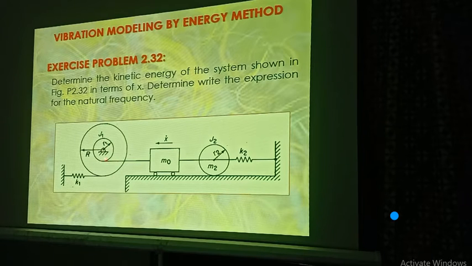So this small disc of radius r1 is connected with the translation mass m0. We can see that this elastic element is connected directly with the larger disc and indirectly with the smaller disc. The radius of the larger disc is capital R, and the radius of the smaller disc is small r1. So the moment of inertia of this disc is represented as J1.